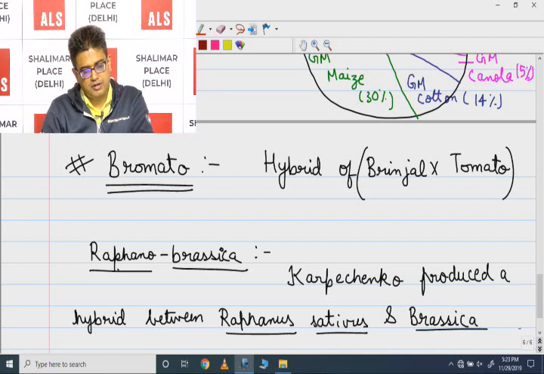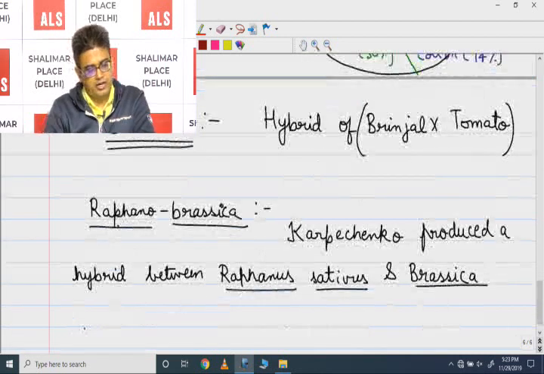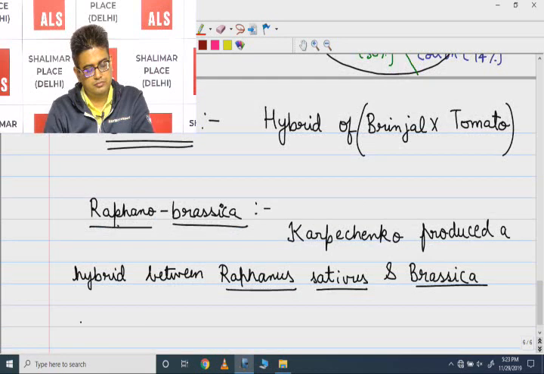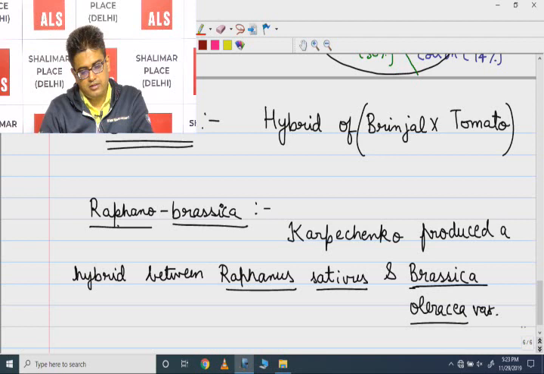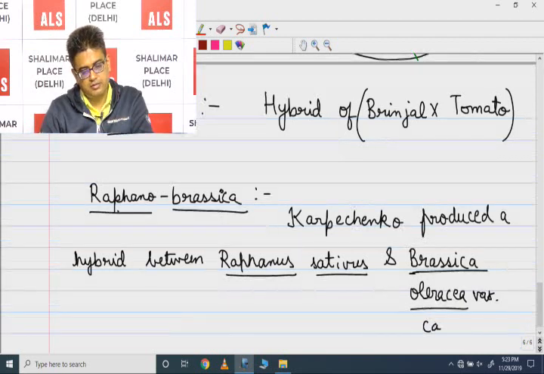Basically, sorry, Brassica oleracea variety capitata. This is cabbage. This is radish.